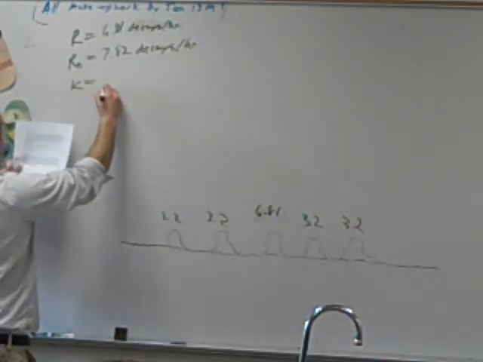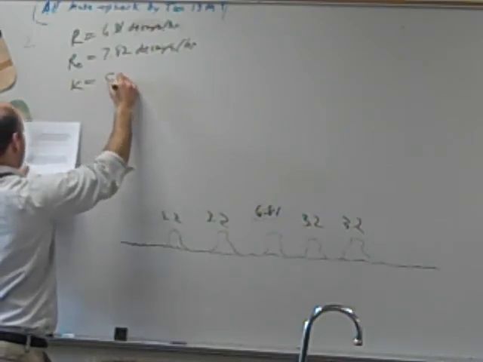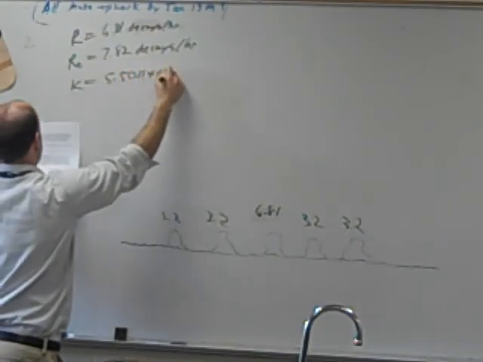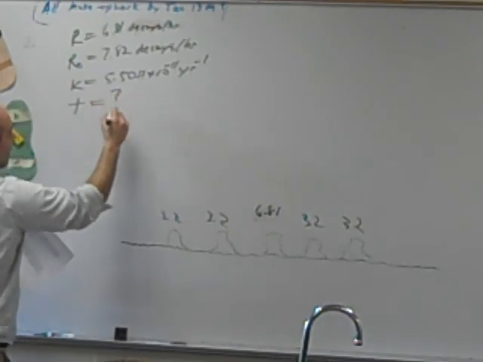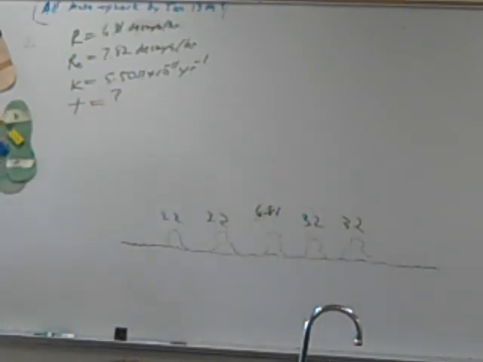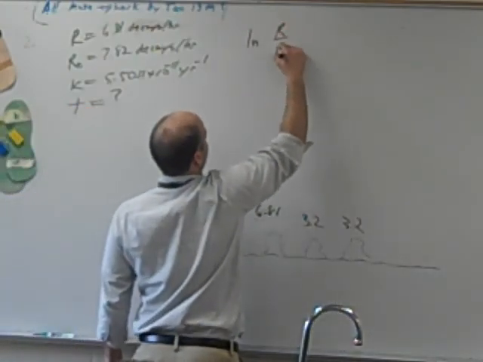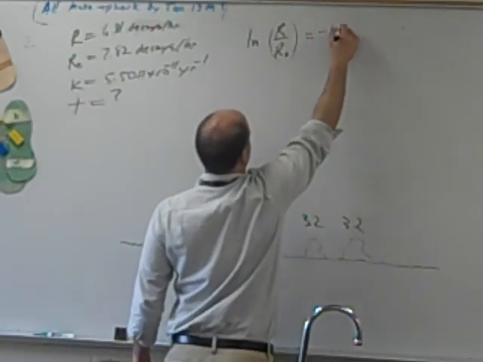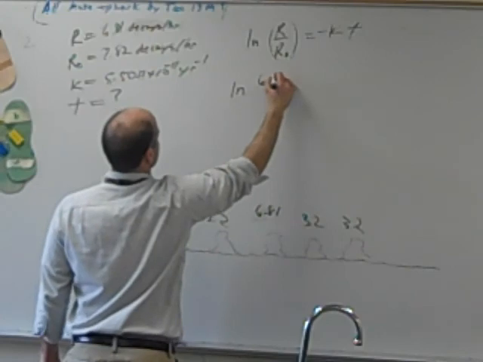And they tell us the k is 5.5011 times 10 to the negative 11th inverse years. We are trying to find time. So that 0.0117%, that's just a distractor, you don't need it. Our equation is ln R over R naught is equal to negative kt. Plug in our numbers.